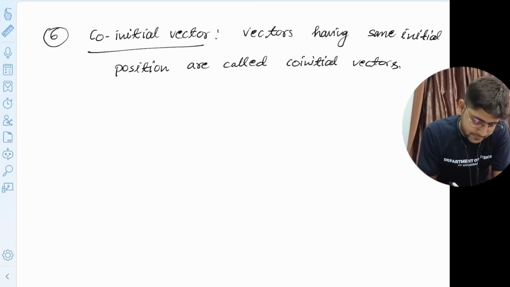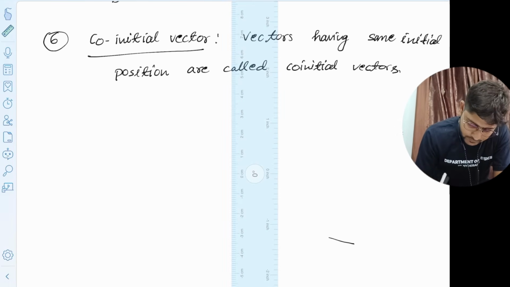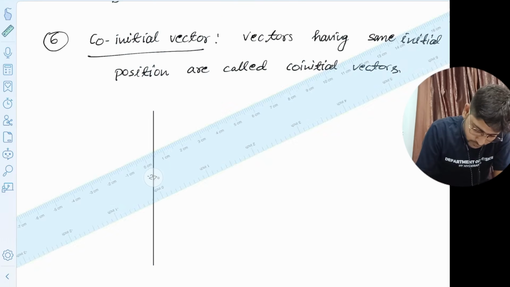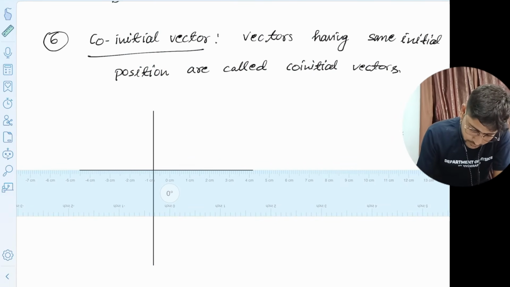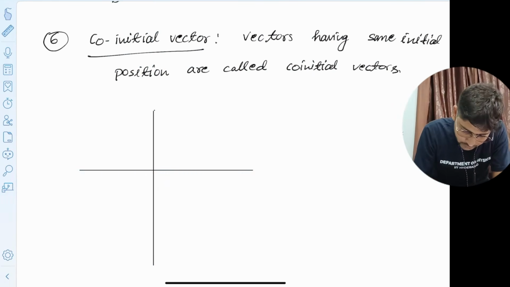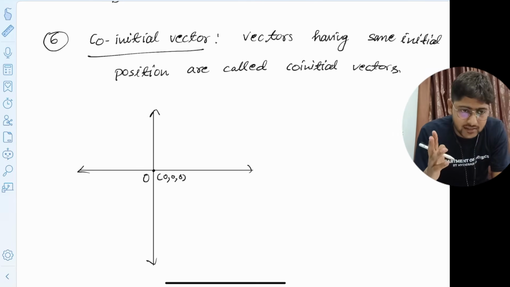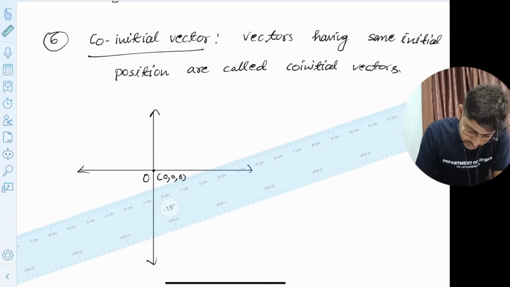We will take an example. Suppose from the origin, this is a point O, which is represented by 0, 0, 0.